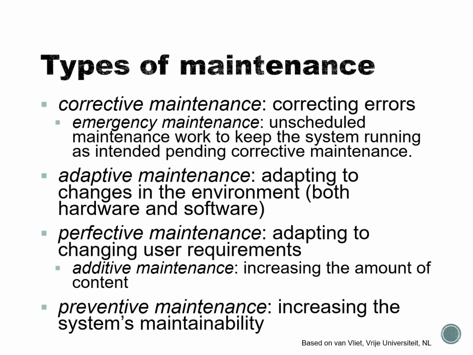We do adaptive maintenance, so we try to keep the system compatible with the hardware and software, and we do perfective and additive maintenance to increase the amount of content or make it more attractive or usable for the customers or people who pay for us to deliver the product. And there's also preventative maintenance, which increases the system's maintainability and makes it a bit easier to do the maintenance work in the future.